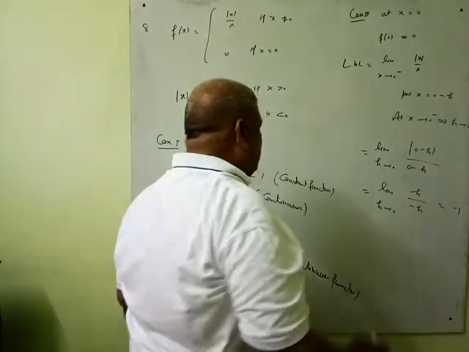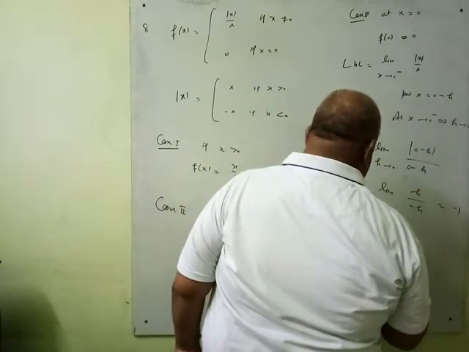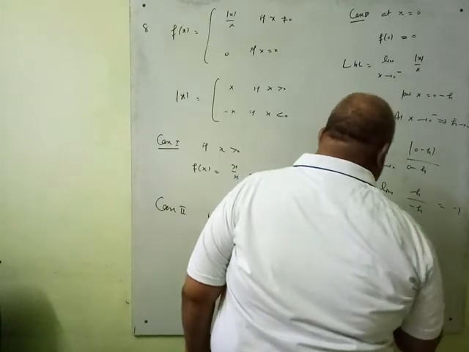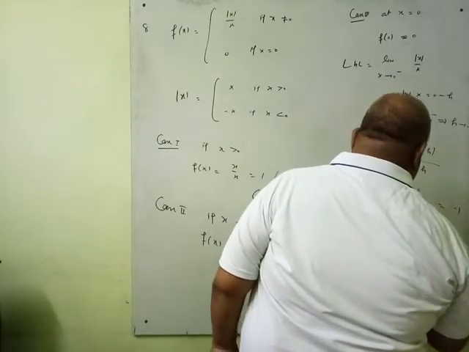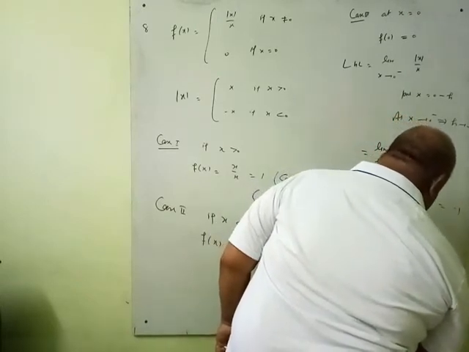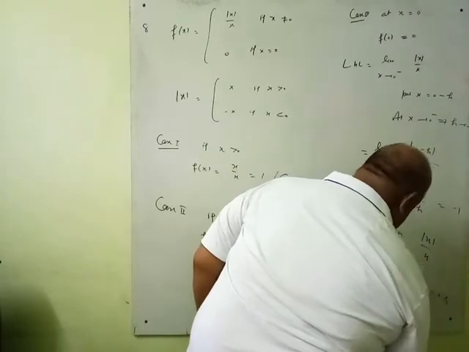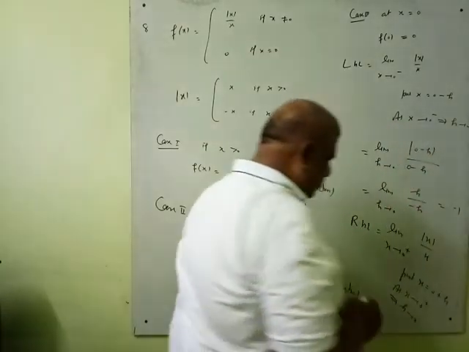But if we have to find out the right hand limit, same procedure: limit as x tends to 0 plus of mod of x upon x. Put x equal to 0 plus h, as x tends to 0 plus, h tends to 0.